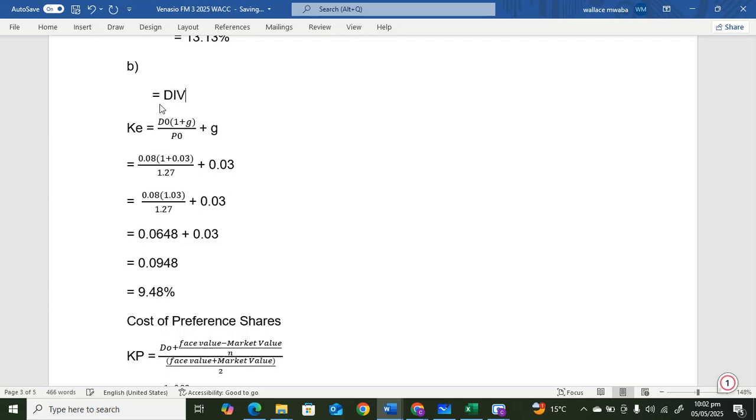D0 is the current dividend paid, open brackets, 1 plus the growth rate, divided by the market price, plus the growth rate.